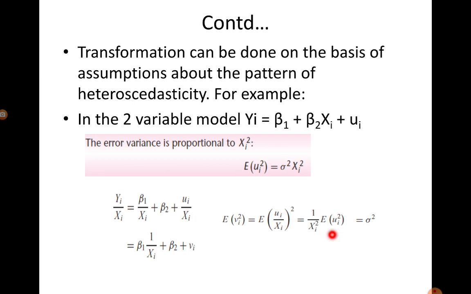So all you need to remember is that this transformed error term vi is homoscedastic. And when do you use this transformation? When you have an idea that the pattern of heteroscedasticity, that is, the variance of the error term, is proportional to xi square.